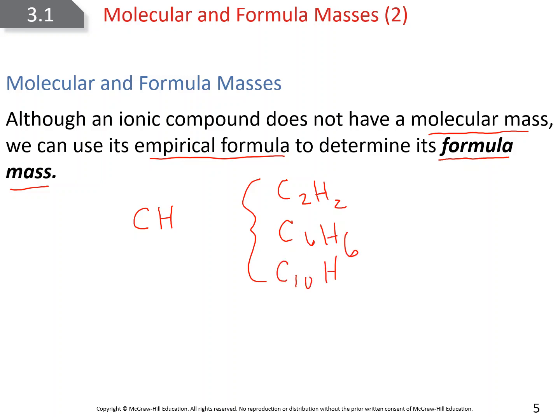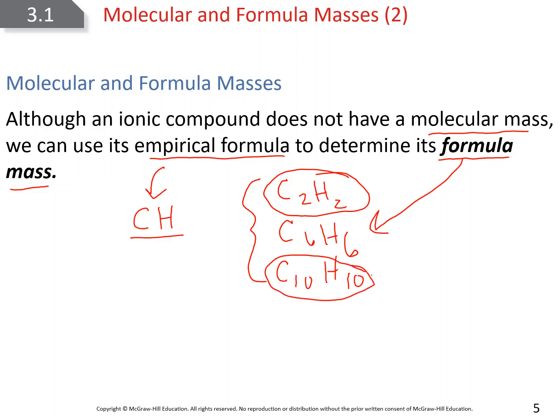These three formulas will be based in the smallest whole number ratio empirical formula, and by way of their multiplied ratios, they become three completely different compounds that have different structures, different physical and chemical properties, and behave differently. So for example, this one right here would have an exceptionally low boiling point compared to this one right here, but they all have the same parent of a 1-to-1 carbon to hydrogen ratio.